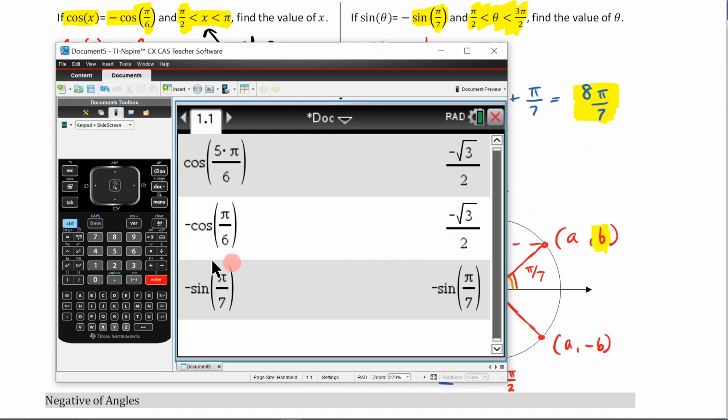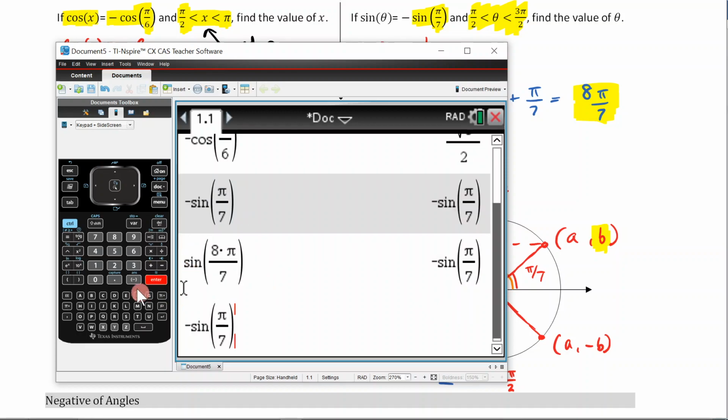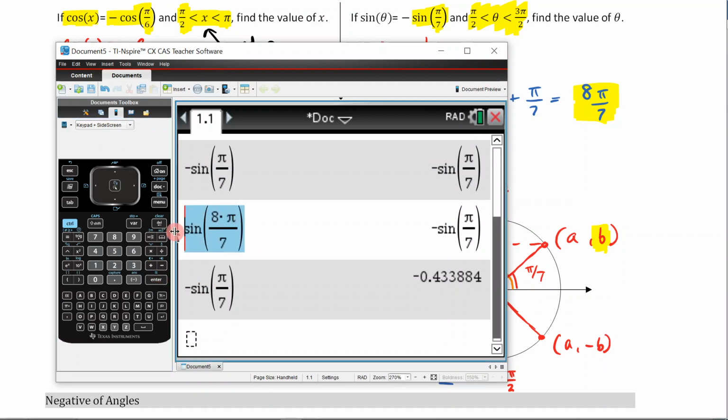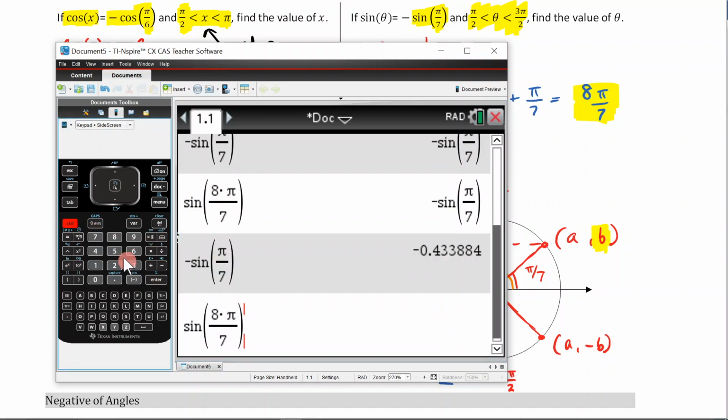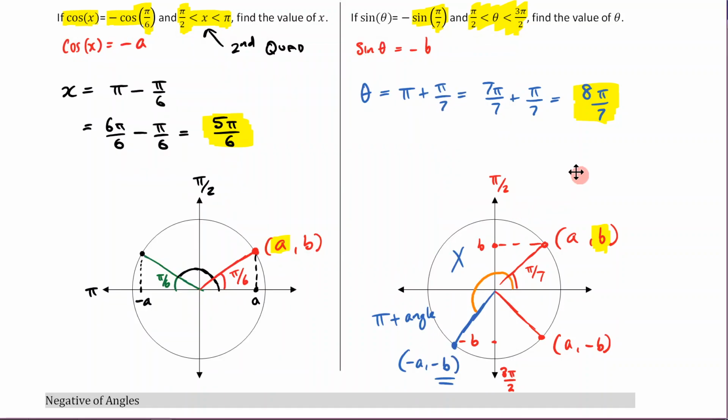And then if I go 8 pi on 7, whoops. Oh, so let's do that again. I'm going to have to go Control Enter to get that out, and then this one, Control Enter, and as you can see, I get the same result out, which means that these two things equal each other, so it all checked out in the end. All right, so hopefully that made sense what I did there. It might be a bit intimidating at first, but the more examples we go through, the more comfortable you can feel about it. And if you are having trouble, please reach out.